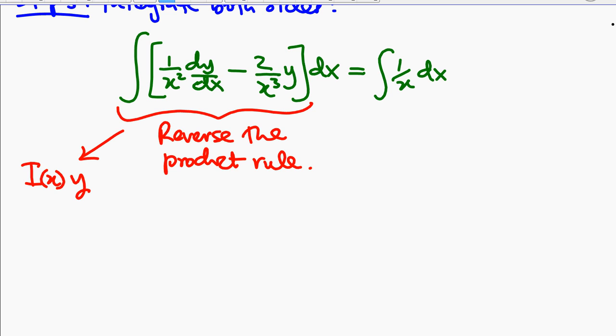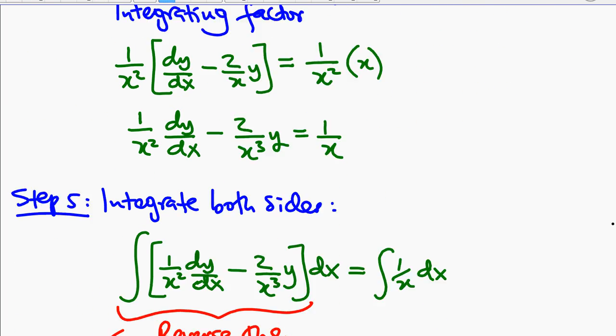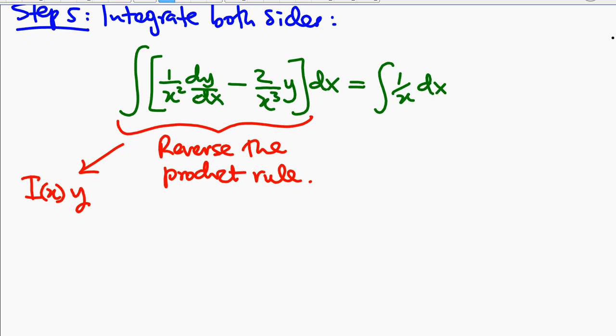What was our integrating factor, by the way? 1 over x squared. So 1 over x squared multiplied by y is equal to ln x plus c.